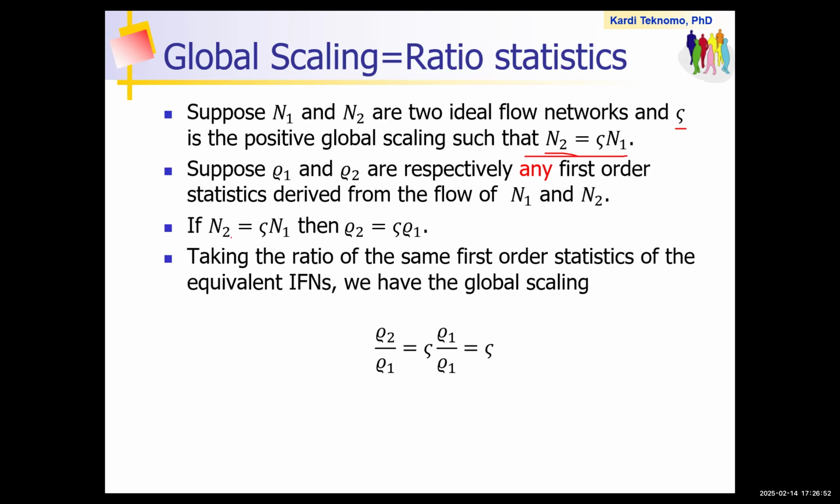If N1 is equivalent to N2 by a certain global scaling C, then the rho is also multiplied by the same scaling. So if you take the ratio of the same first order statistic, you will exactly get the global scaling.